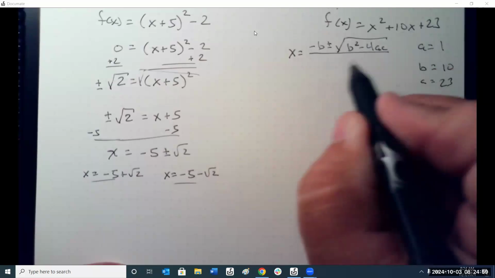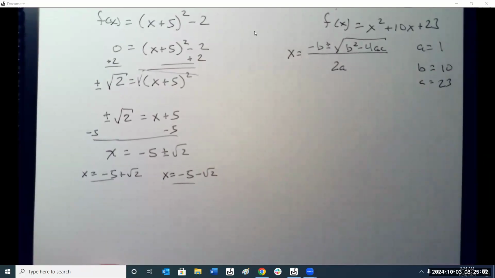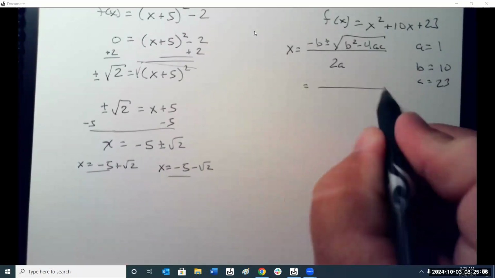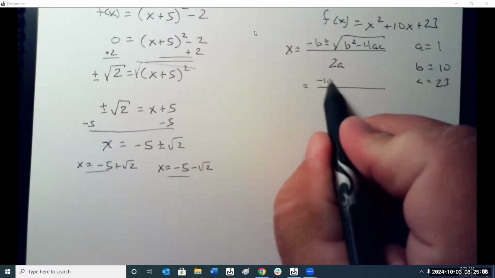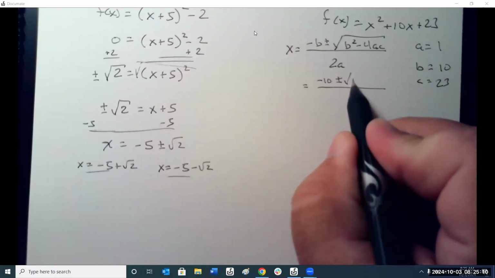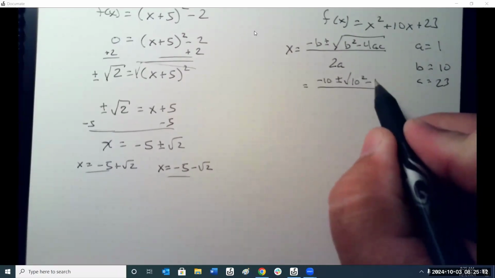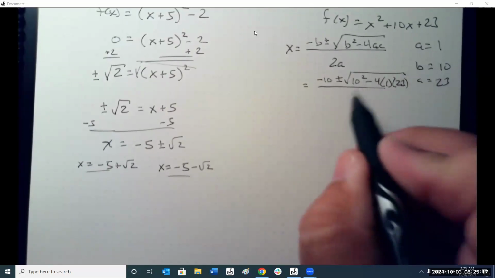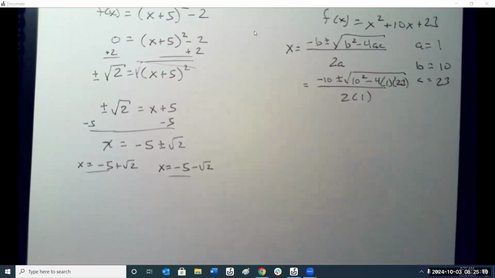Put it in the formula. So we have -10 plus or minus the square root of 10 squared minus 4 times 1 times 23, over 2 times 1.